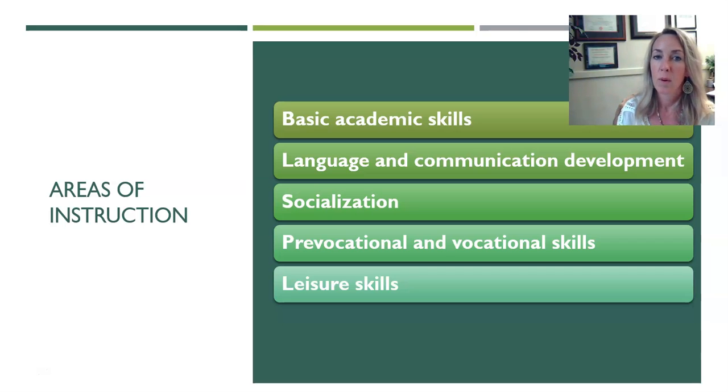We want to promote socialization, which would include self-care and family living skills. Pre-vocational and vocational skills need to start at a very young age, learning good work habits, so that when it becomes time to transition from school and from special education services, they could have a part-time job placement and some career education. And of course, we don't want to leave off leisure skills, and we still need to make sure that our students can be self-determined and pursue quality of life and leisure skills.